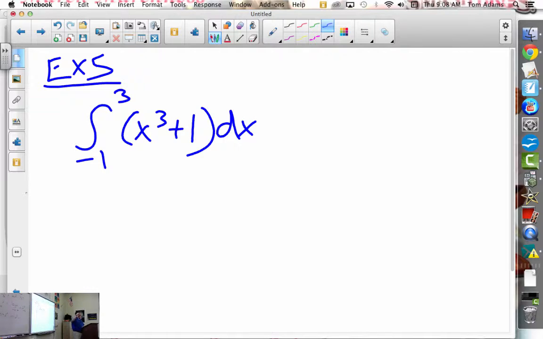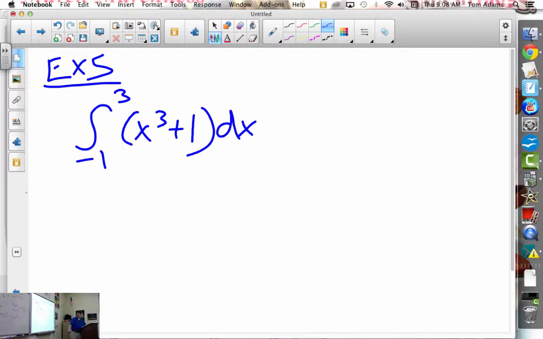In other words, we don't know if it translates vertically, so we always put that plus c on. Here we don't need the plus c, because we have a lower limit and an upper limit, so we know exactly what points are on the curve, so to speak.